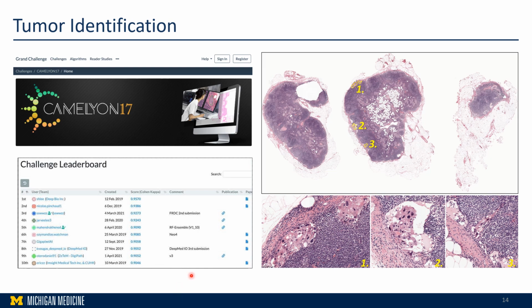Here I'm showing you an example on this slide where lymph nodes with macro and micro metastases of breast cancer are detected by a deep learning module indicated by the yellow outlines, and the bottom images show those areas indicated by the yellow outlines at higher magnification.